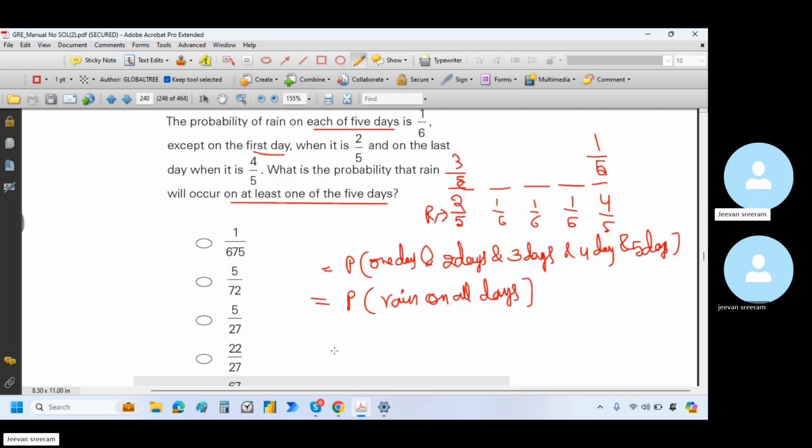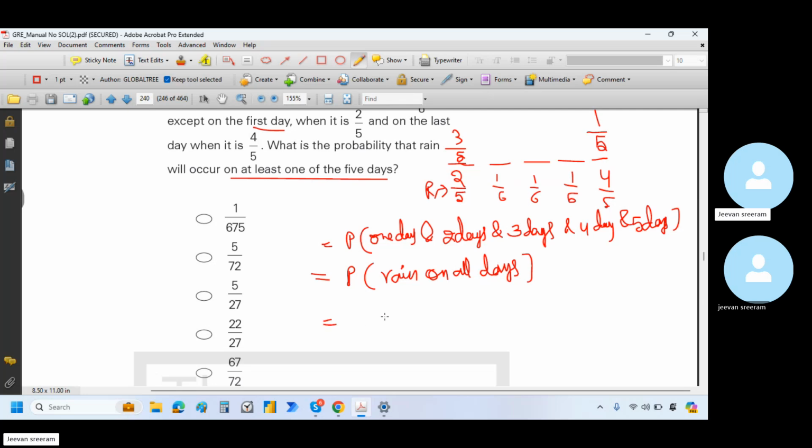Rain on every day, each of the 5 days. So this can be written as probability 1 minus no rain on any day.